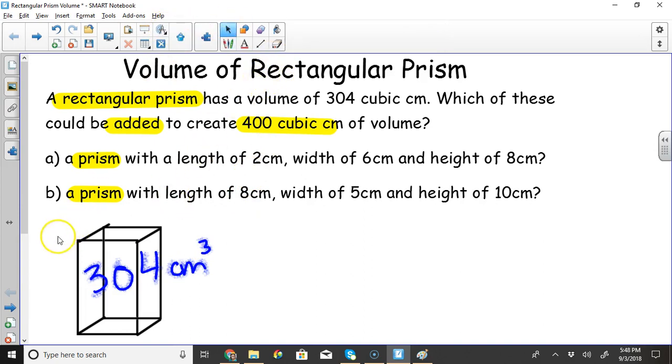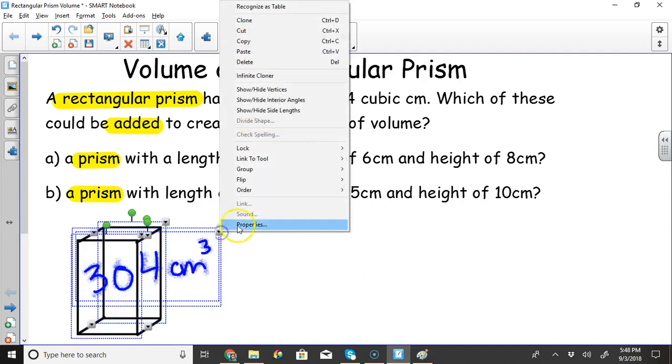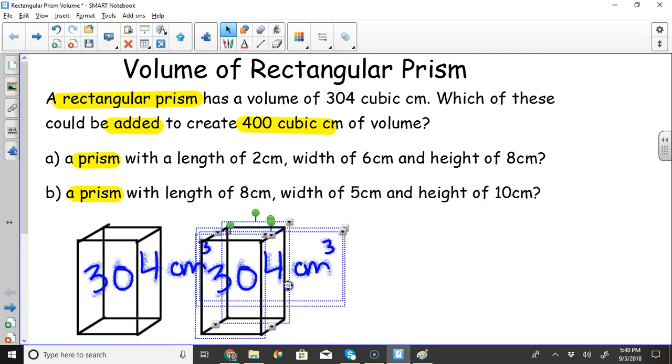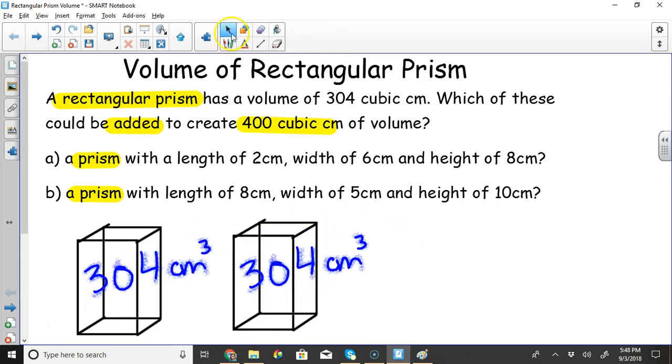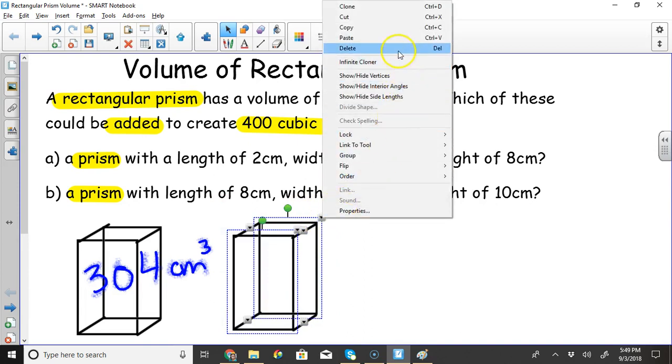So this rectangular prism is 304 cubic centimeters. And the question is, how can I create another one added to it that when I add them together, it's going to equal 400. So if I'm already at 304, I probably am not going to need one so big.